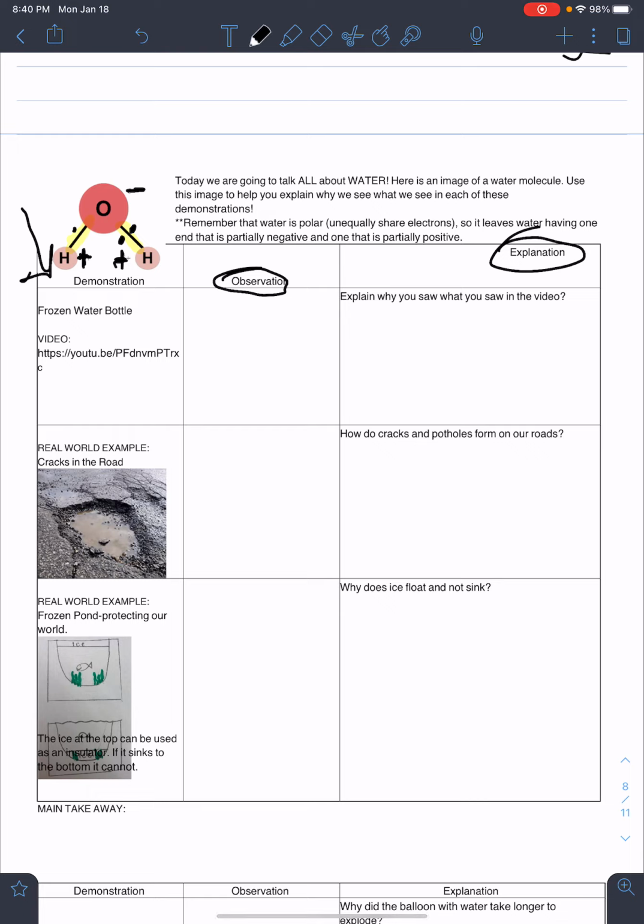So they usually hang out more by the O because O is more electronegative. It likes electrons more. So since they hang out closer to the O, it has the partial negative sign up top, and then it has these positive signs down below by the H's. And because of that, it makes water interact in a certain way. And it makes it so that the world we live in can function because water acts this way. So it's really, really cool.